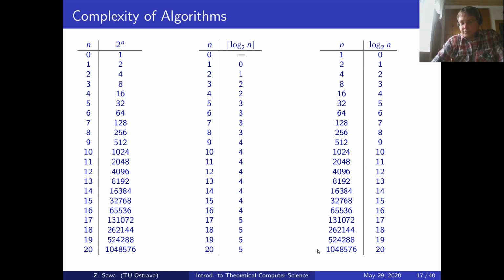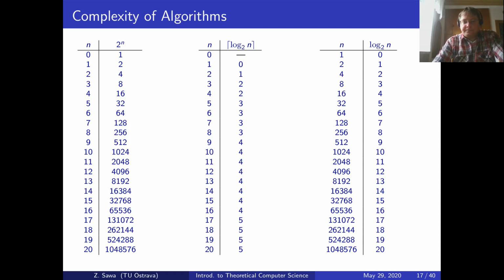For example, for 1 million, it's approximately 20. So as we can see, the logarithm grows much slower than n. The logarithm of n is typically much smaller, and the difference is bigger and bigger, especially for big values of n.